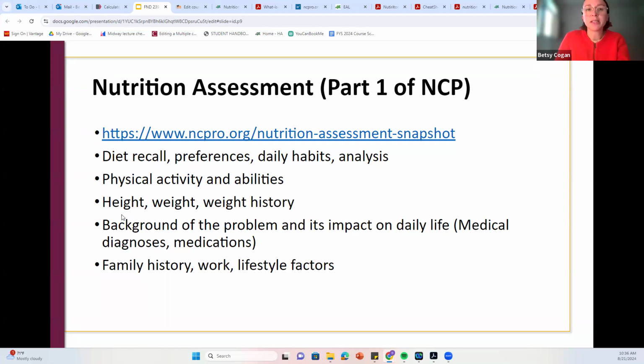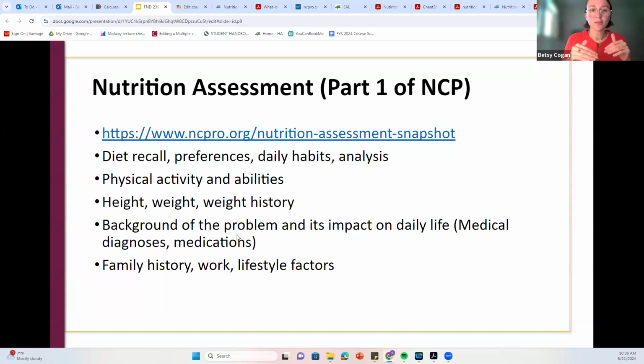We want to collect basic anthropometric data again. We want to know basically as much as we can about the medical problem or why they are with us, and then we want to look at other underlying influences that could be impacting their nutritional status.